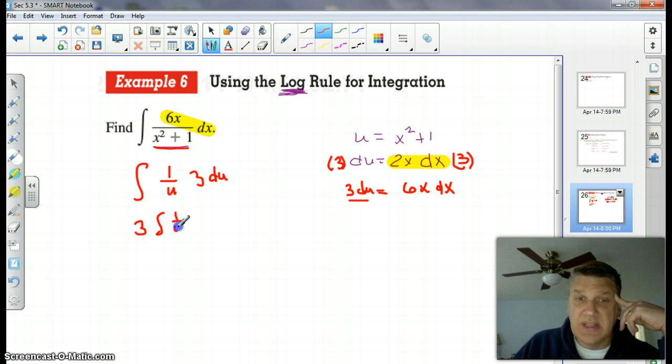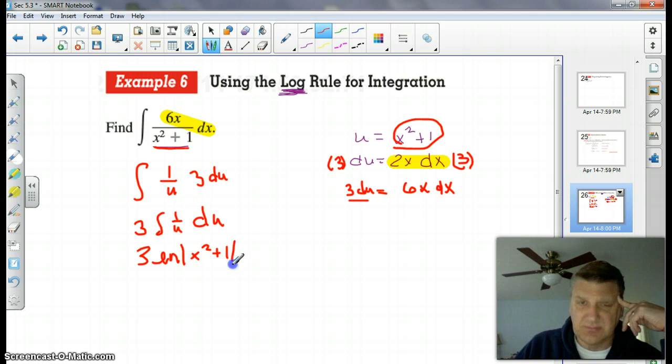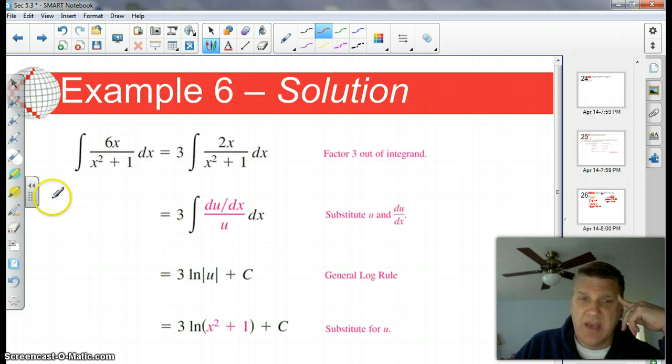So all I really need to do is find the integral of 1 over u du using my log properties. I know that this is 3 ln of the absolute value of u, which my u substitution says u really is, if I put it back into x squared notation, x squared plus 1. And don't forget about the constant. And the author agrees.